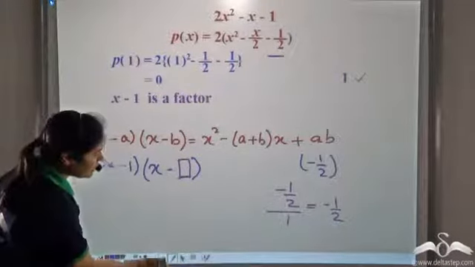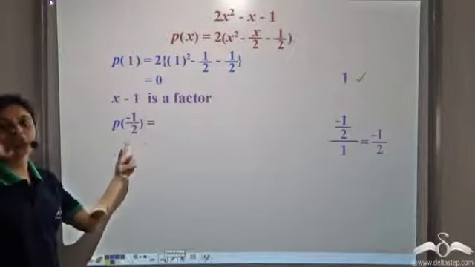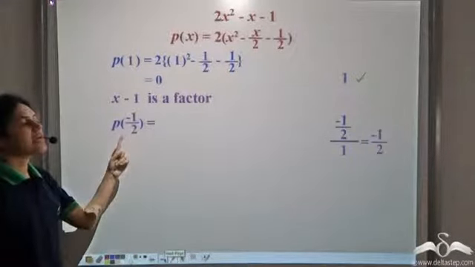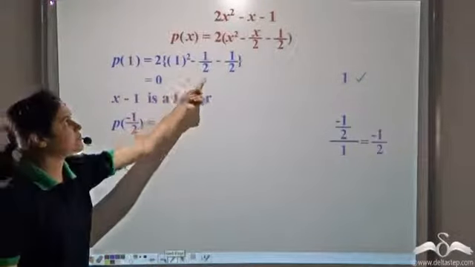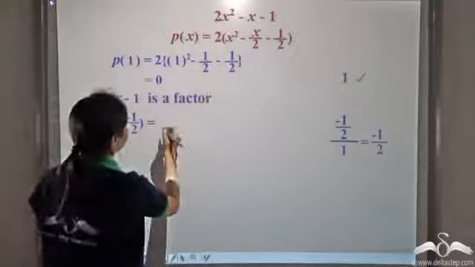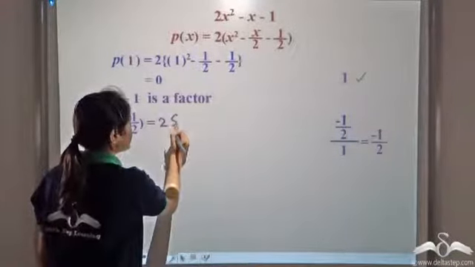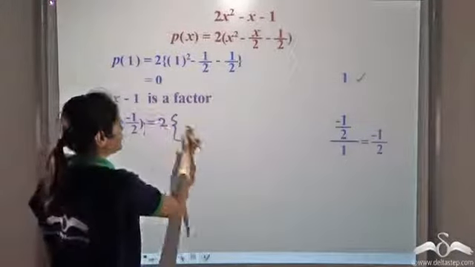Let us verify it using the factor theorem. So P(negative half) should be 0 if x minus negative half is a factor of this. So let us check for P(negative half). So we substitute negative 1 by 2 in place of x.